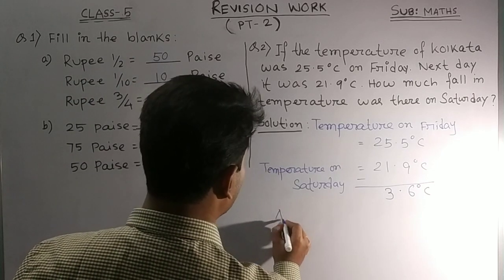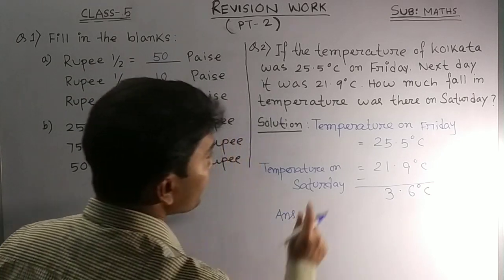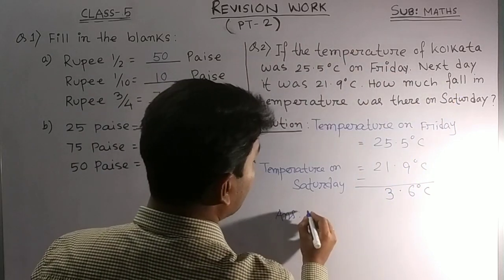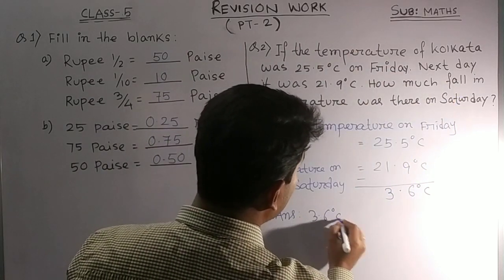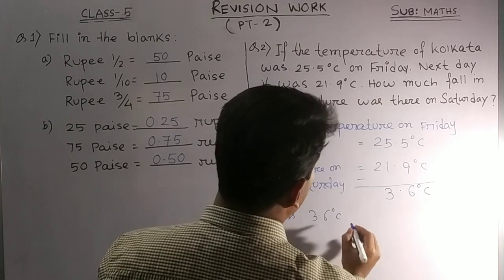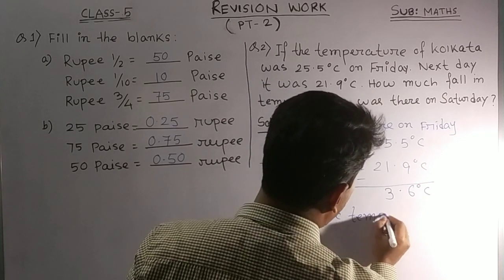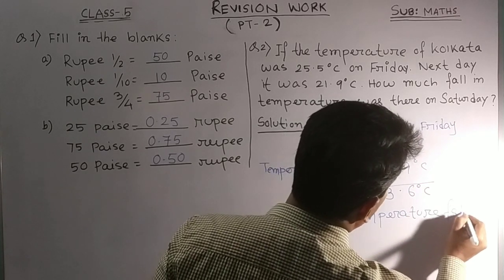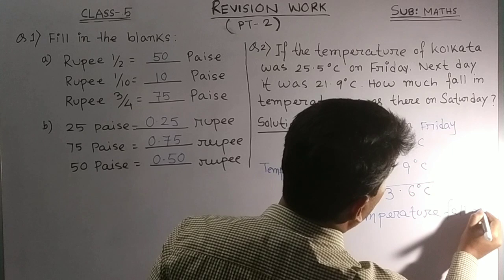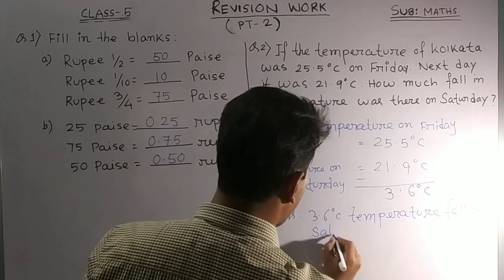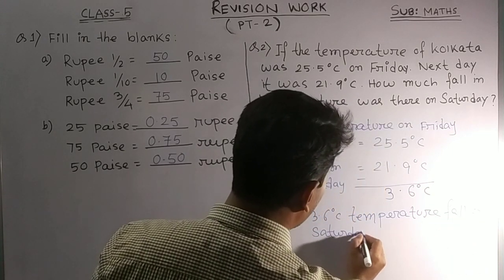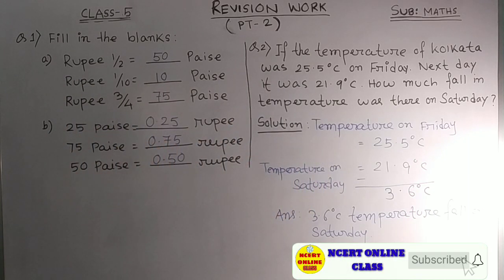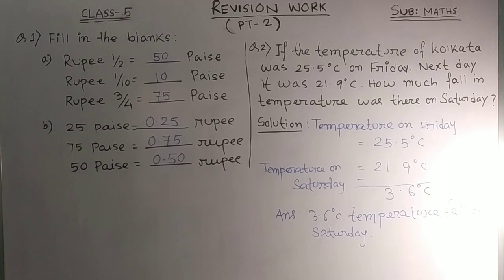So you have to write the answer like this: 3.6 degrees Celsius temperature fall on Saturday. Very easy. You only have to identify and understand. After that, this is very easy for you. Okay.